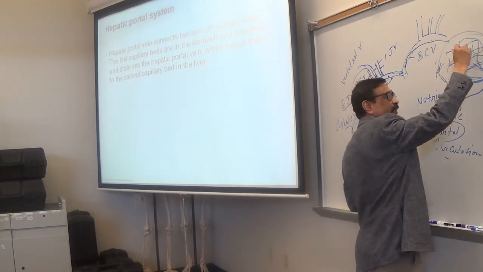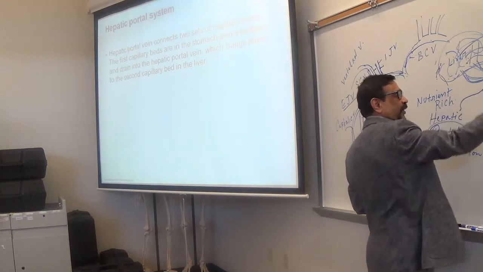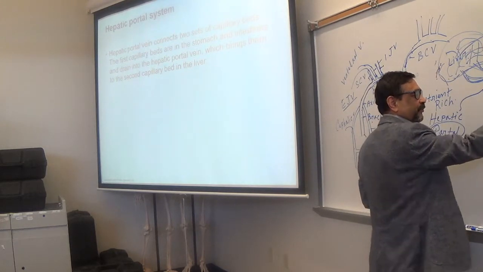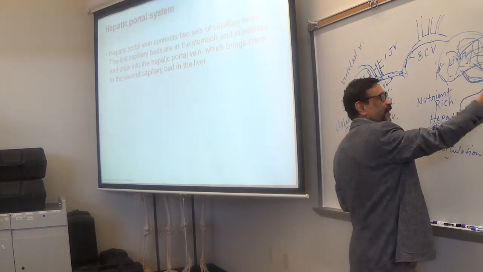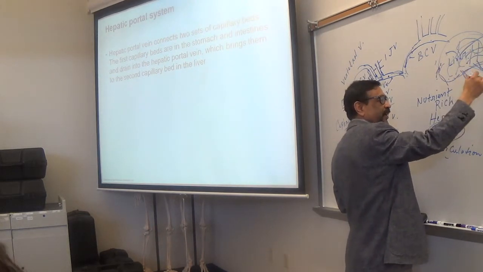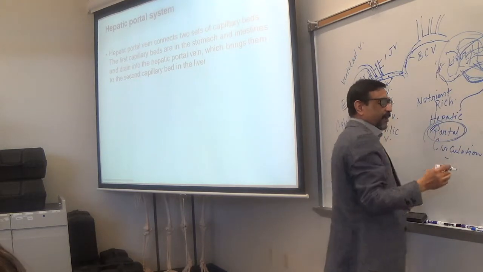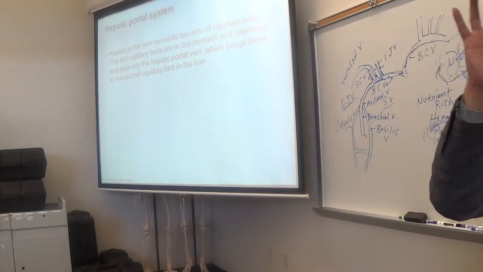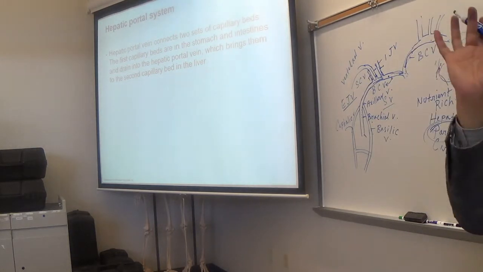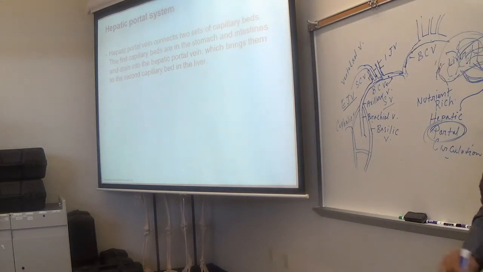Two capillary beds are connected by the vein, and that is called the portal. In a few other areas you also have portal circulation, where two sets of capillaries are connected by a vein. That's why we say portal.